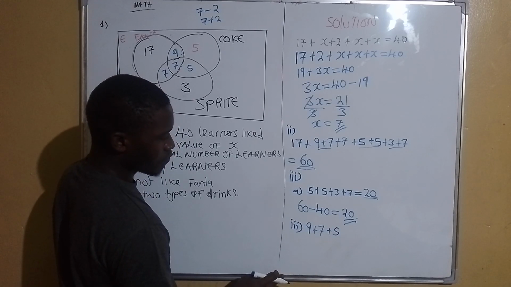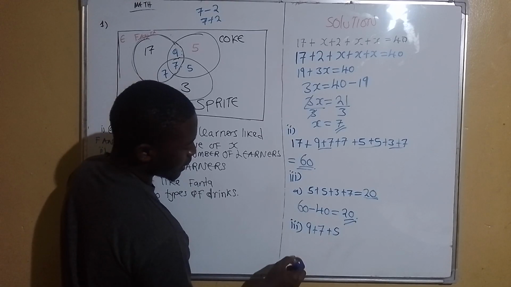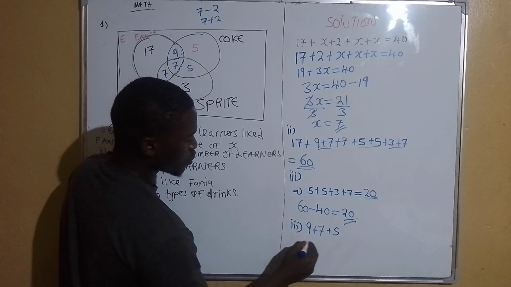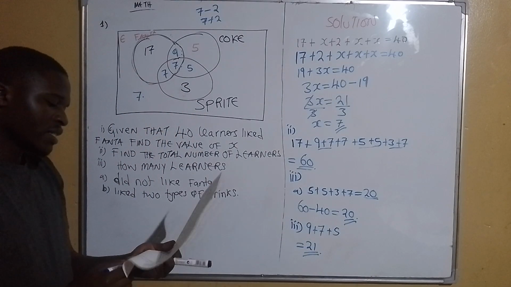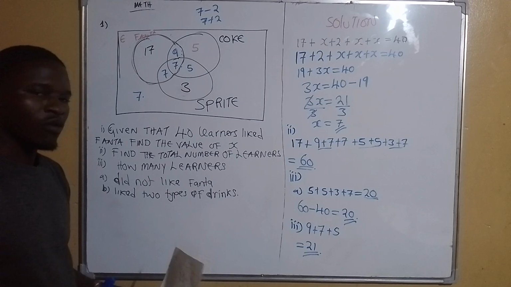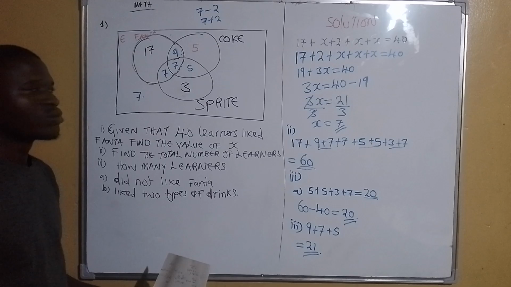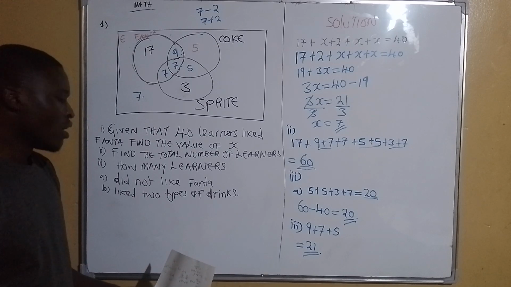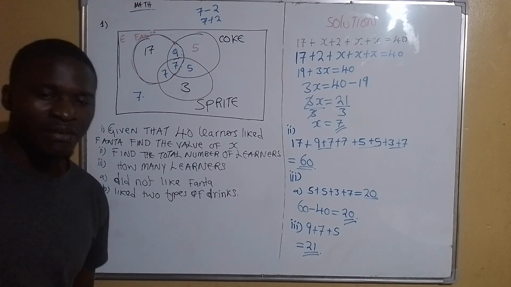And then 12 plus 9 gives us 21. So 21 learners liked 2 types of drinks.